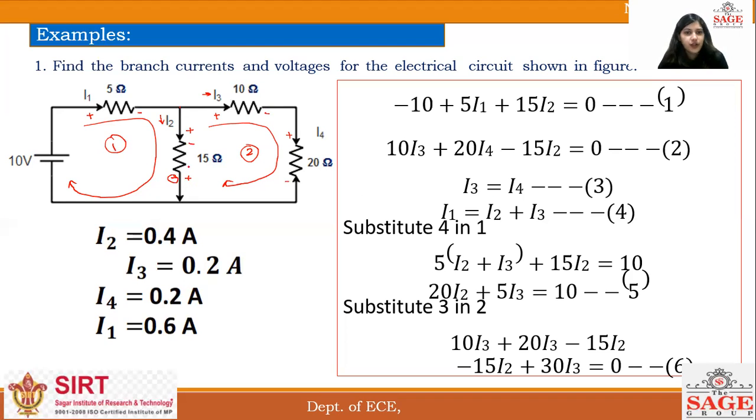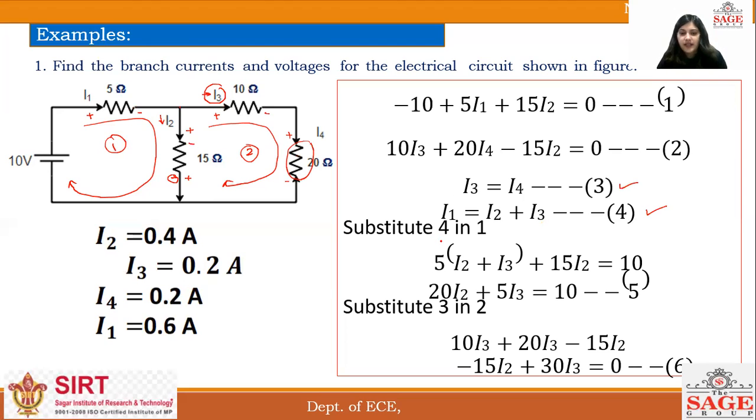Now, one thing we are sure about, that the same current is flowing across this resistor also. So I3 is equal to I4. That will be our third equation. And one more thing, that we have divided total current I1 into I3 and I2. So I1 is equal to I2 plus I3. That will be our fourth equation.